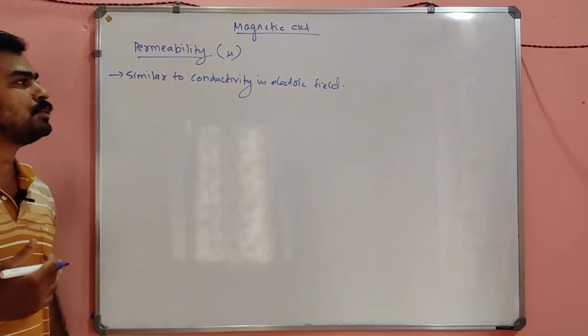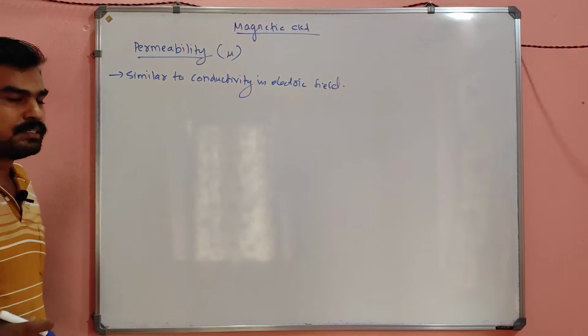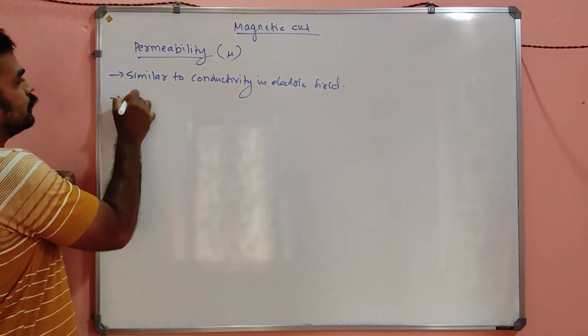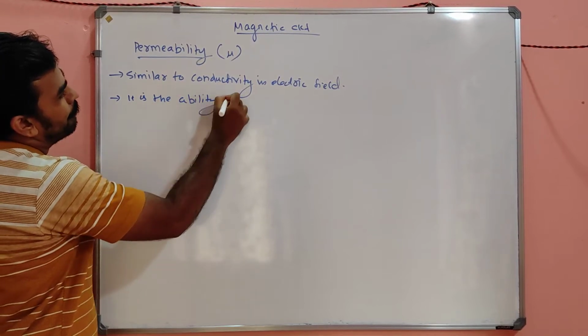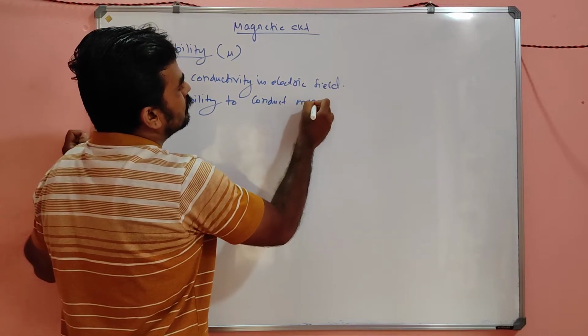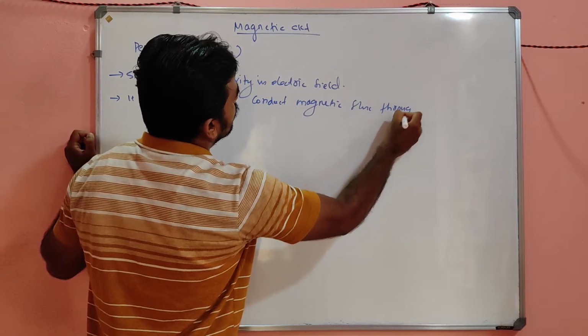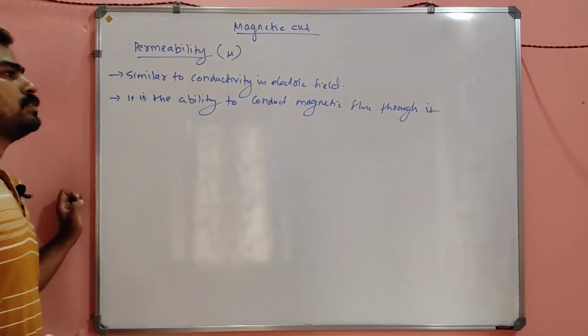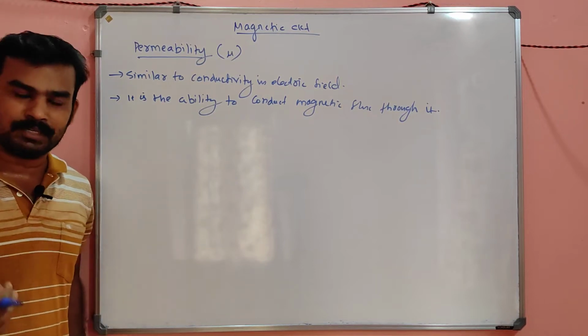That means it is the ability of a material to conduct magnetic flux through it.